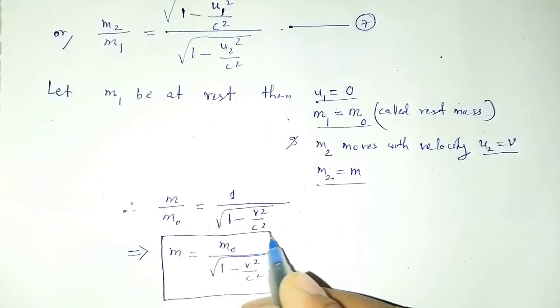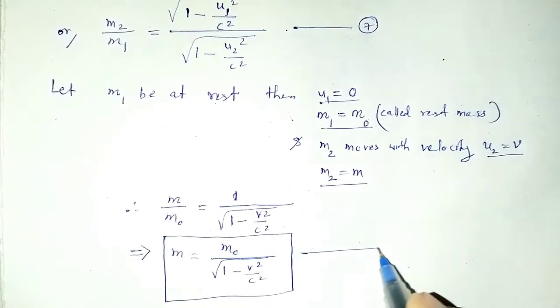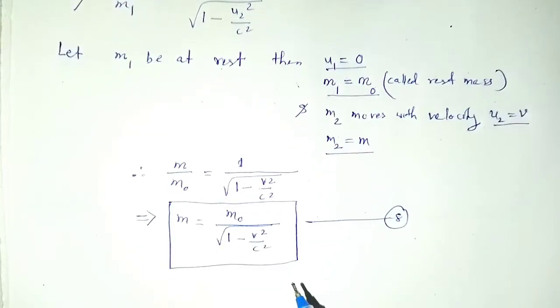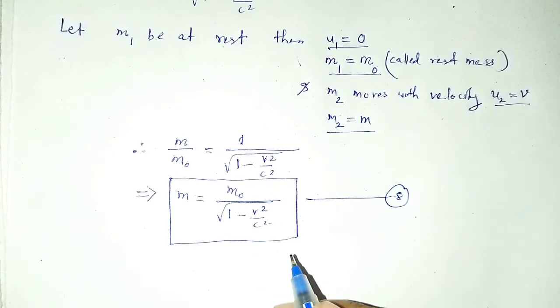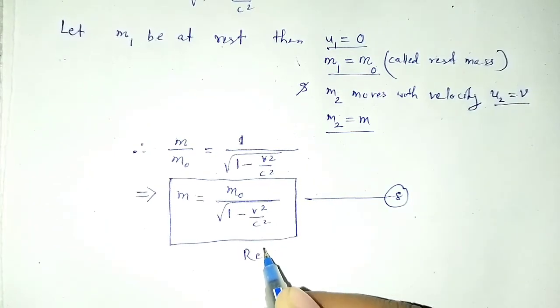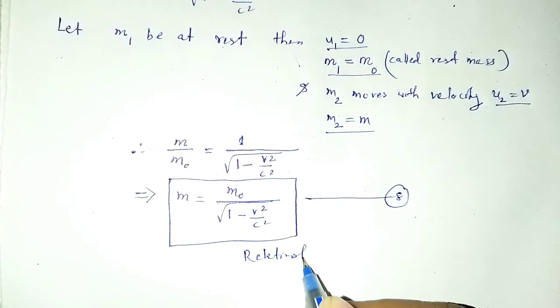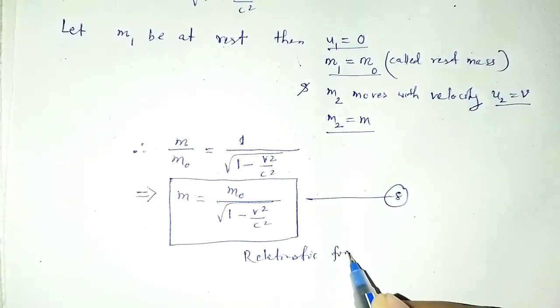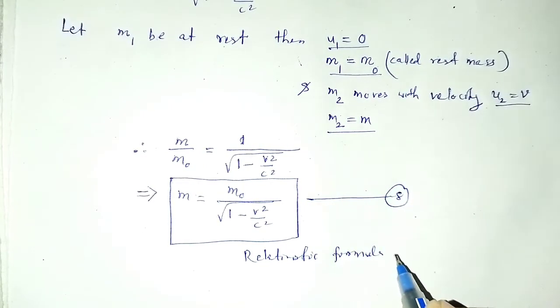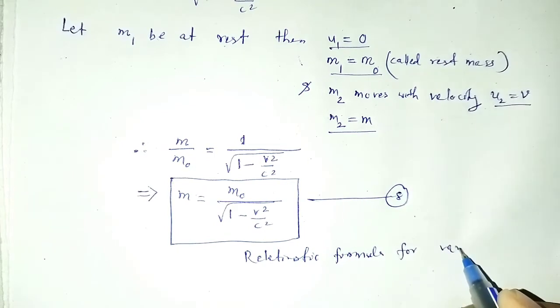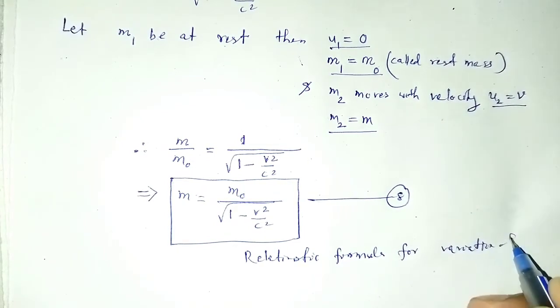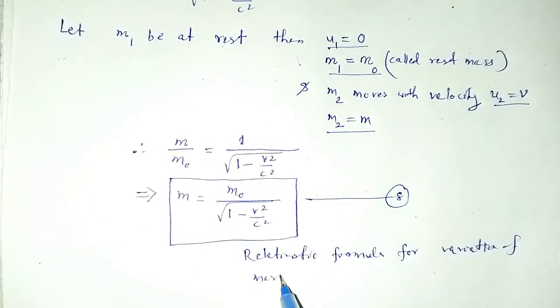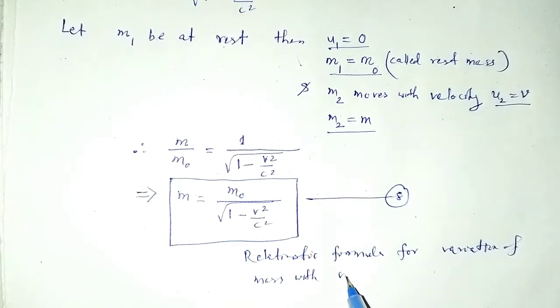This is an important relation, which is known as the relativistic formula for variation of mass with velocity.